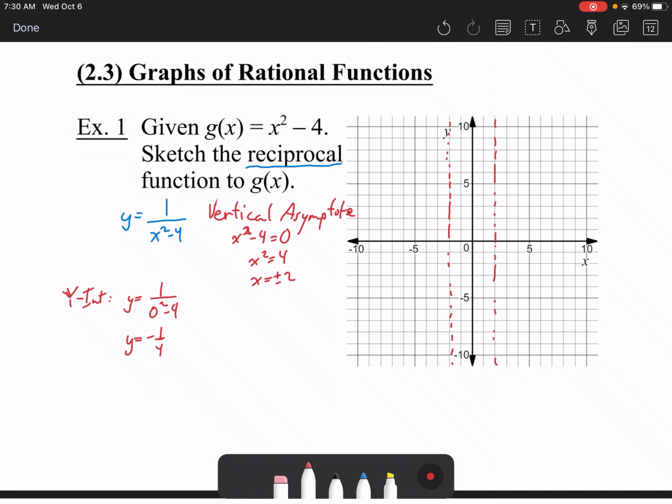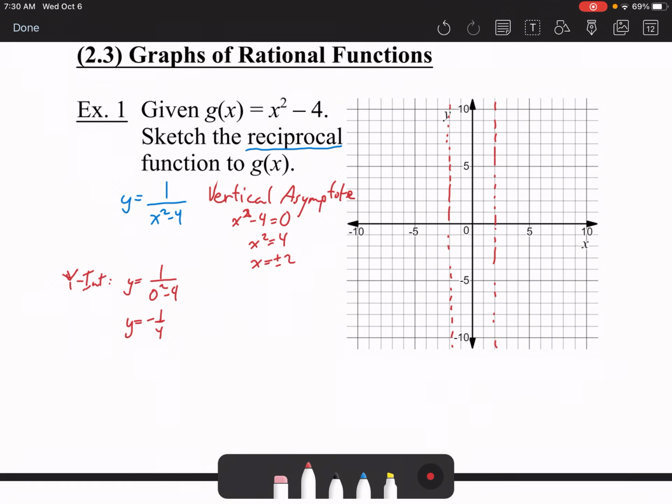And we also talked about horizontal asymptotes. So horizontal asymptotes come from the end behavior of the function. And what you're doing is you're looking as x approaches infinity.